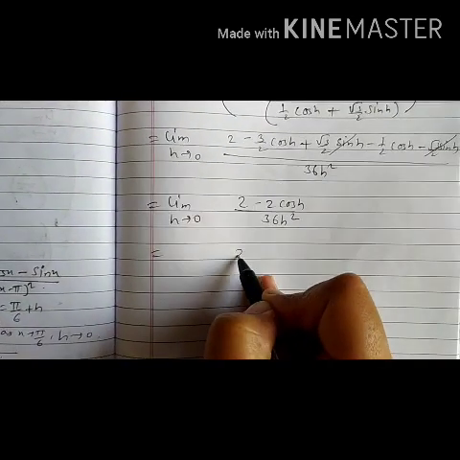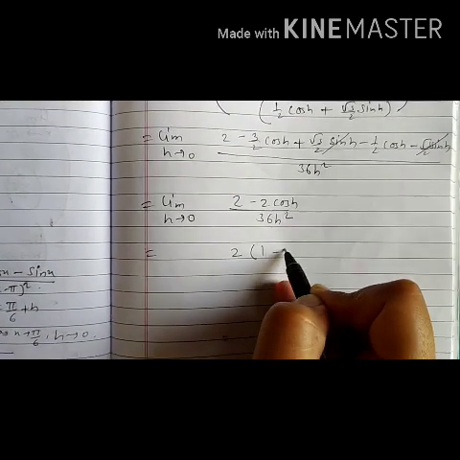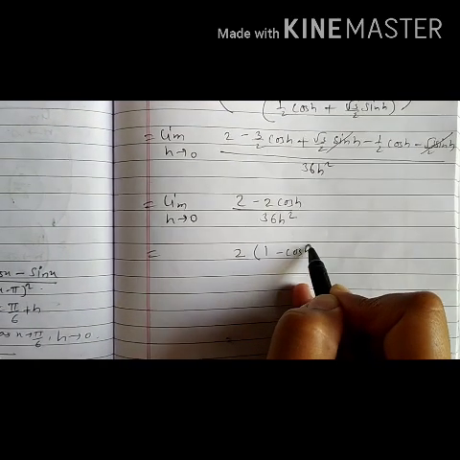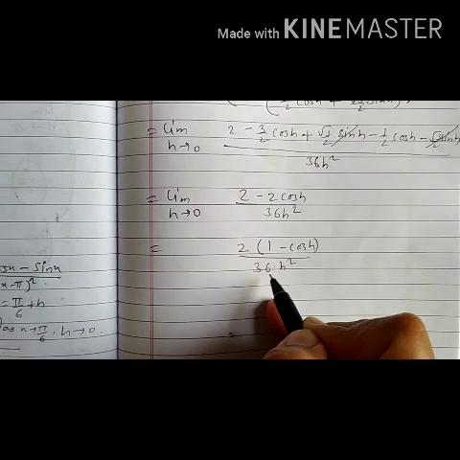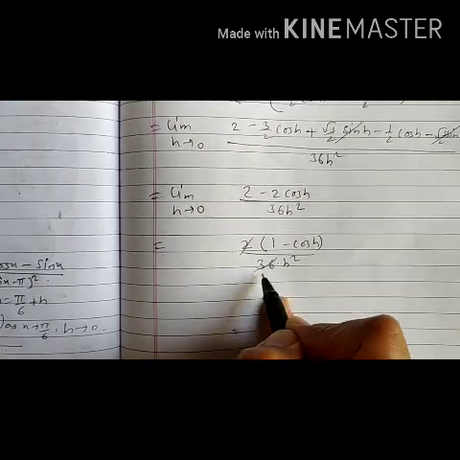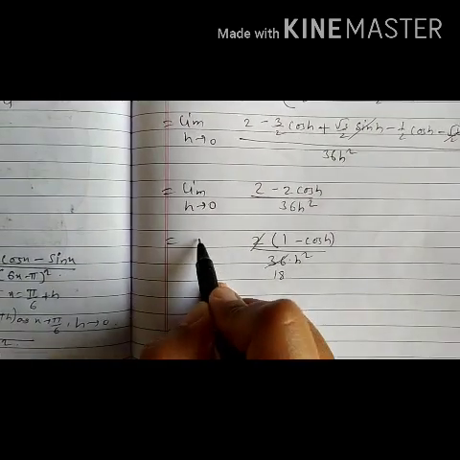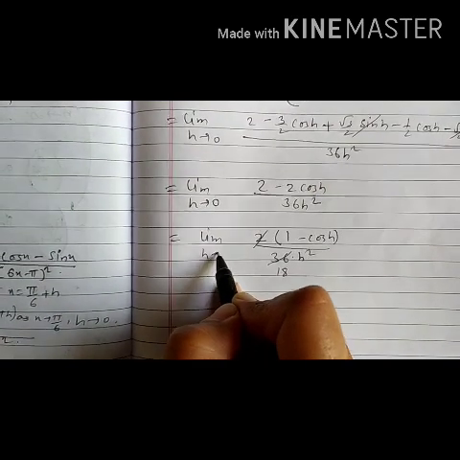So we are taking 2 out, so 2 times (1 minus cos h) upon h square, 36h square. So 18 2s are 36, limit h tends to 0.